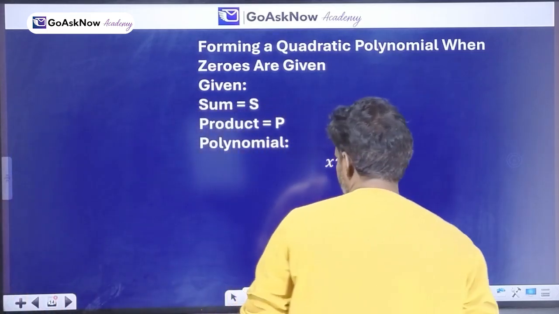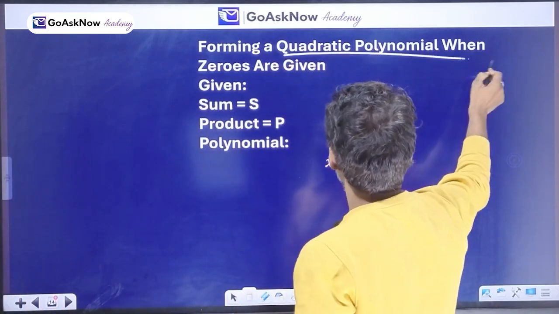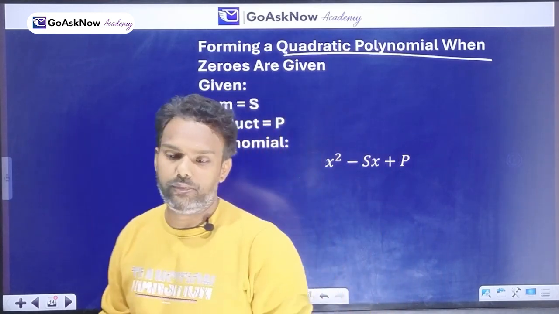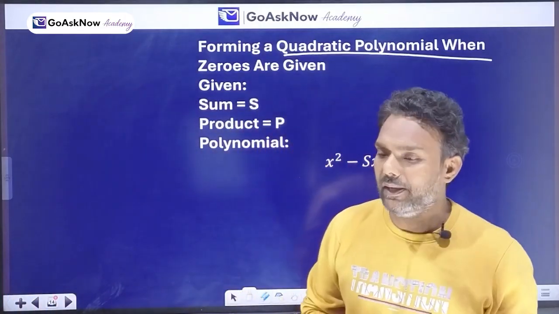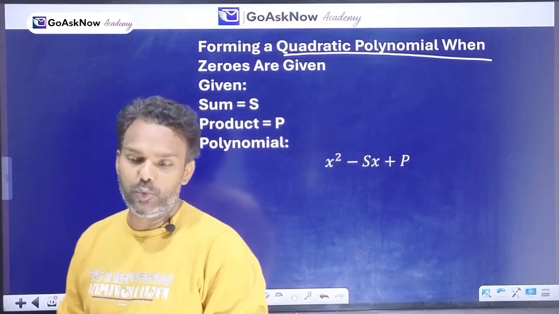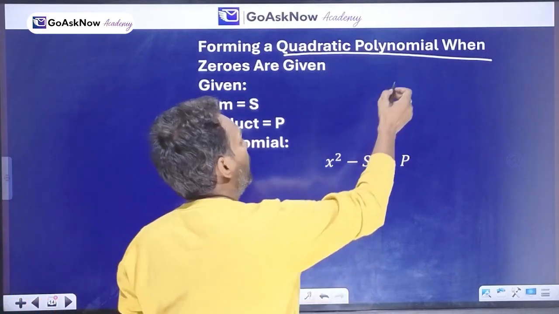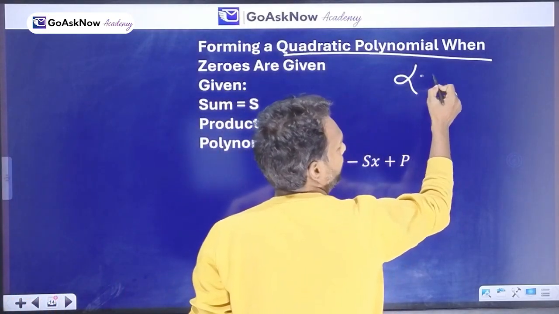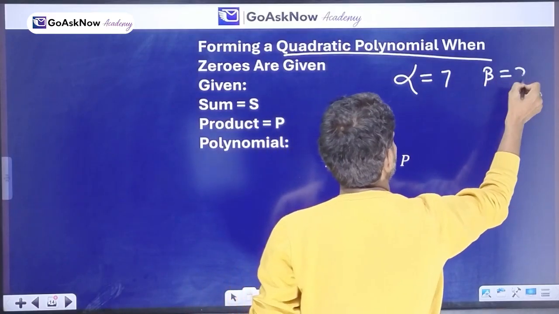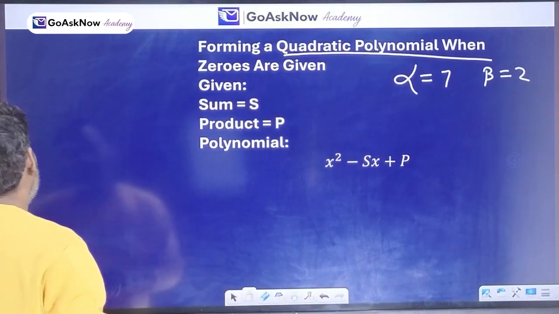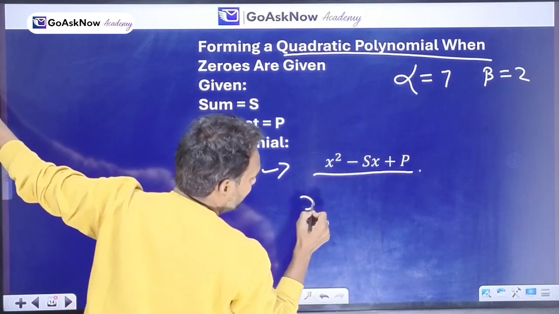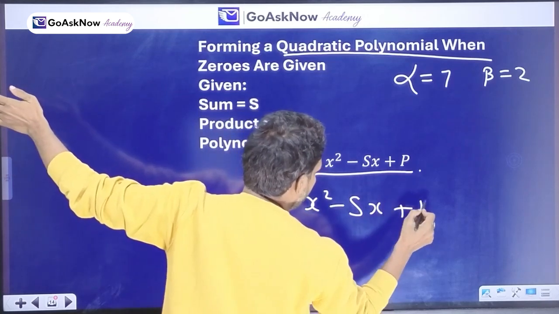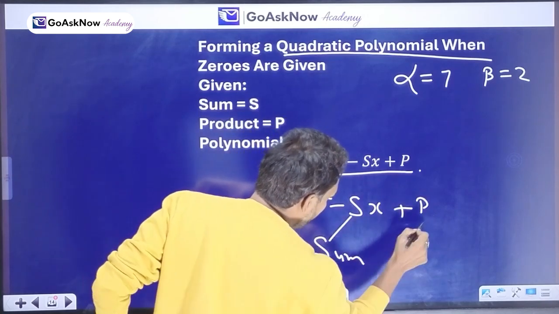Now we are going to learn how a quadratic polynomial is formed when we know the zeros or the roots of the equation. Let's say I want to form a quadratic equation where the roots should be 7 and 2. Okay, I want to frame a quadratic equation where alpha is 7 and beta is 2. For this, we write x square minus sx plus p, where s is sum of roots and p is product of roots.